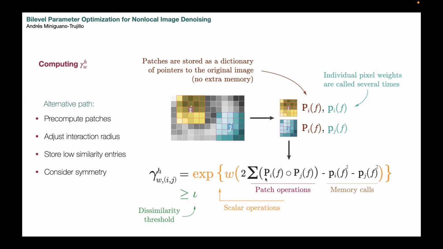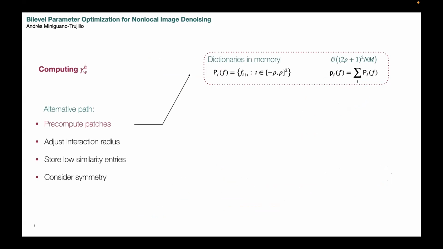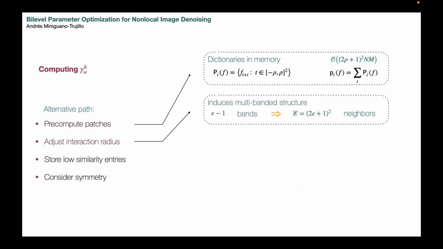If we store some of the elements in memory beforehand, we will be able to do it very fast. Basically, if we pre-compute the patches around each pixel and compute their measure, that is just the sum of their intensities, we will basically be done.